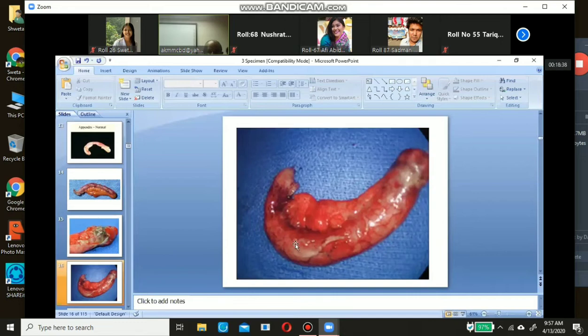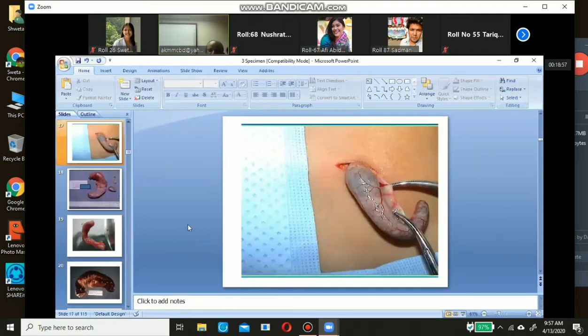Actually, probably there is some pathology here in this narrow area, and therefore from here the whole appendix has become swollen. And you look at the tip, the tip is swollen, there is pus formation, and it is acute appendicitis. Again, almost the same.